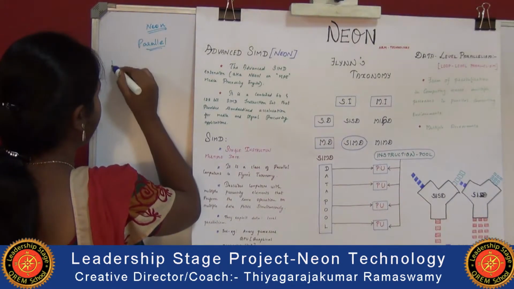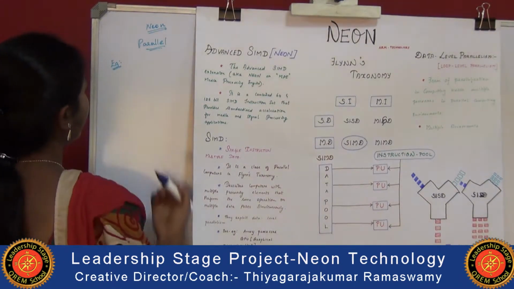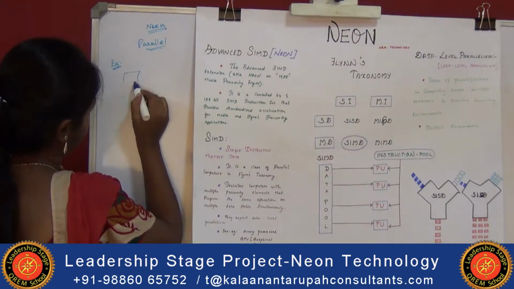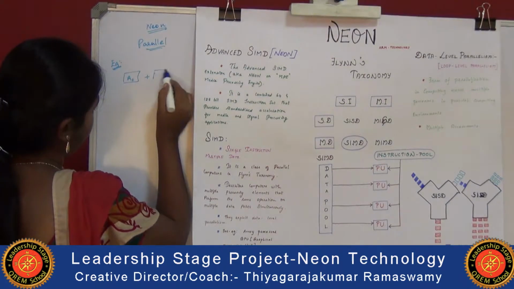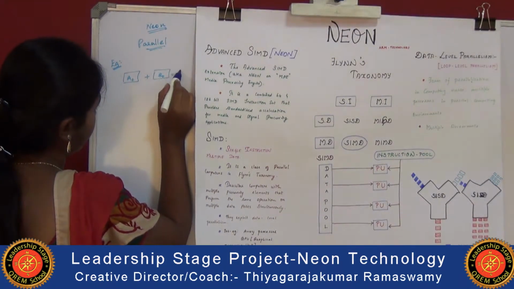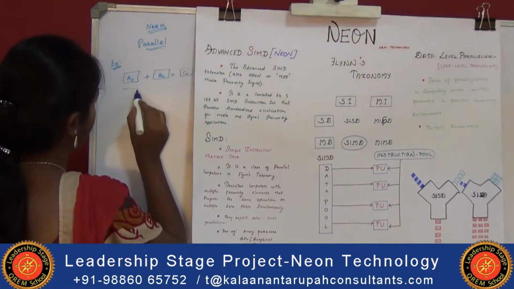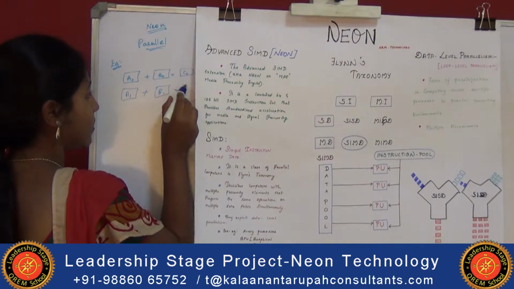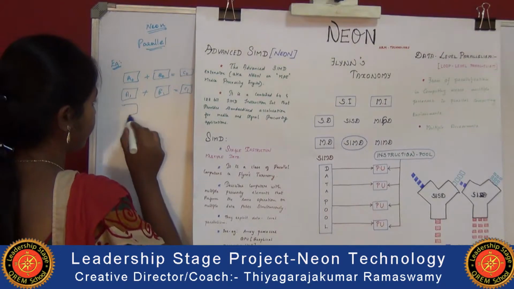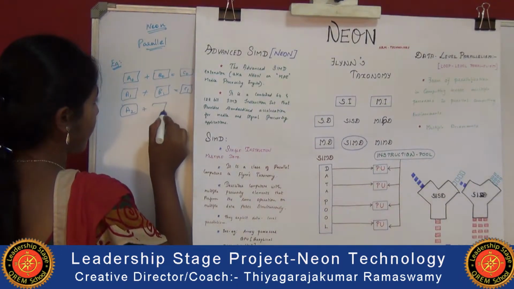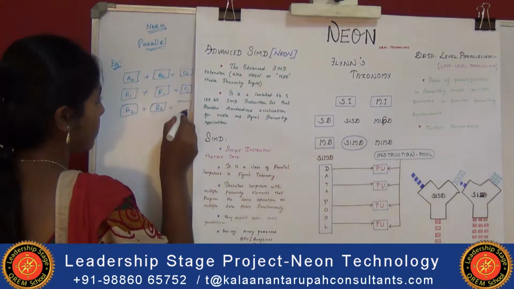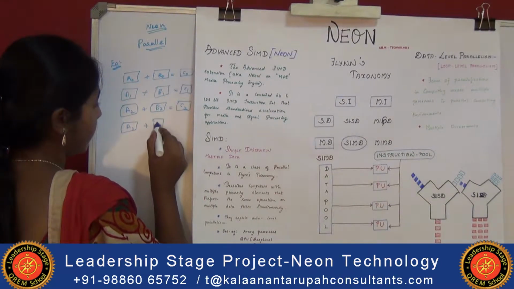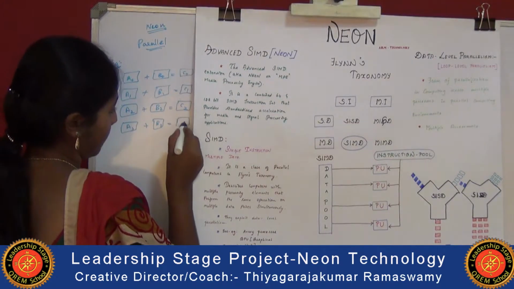The example of this is if you are doing an addition operation: A0 plus B0 is equal to C0, A1 plus B1 is equal to C1, A2 plus B2 is equal to C2, and A3 plus B3 is equal to C3.